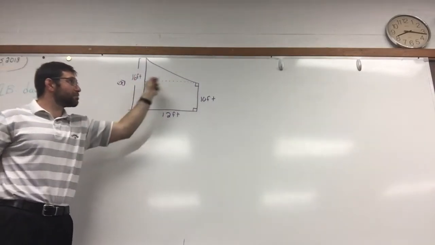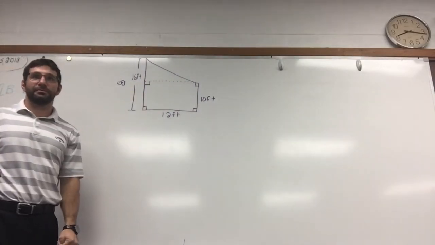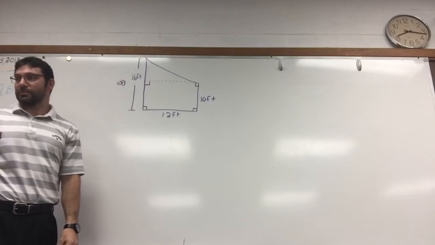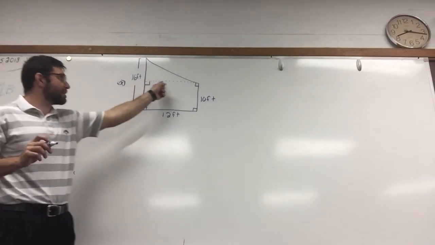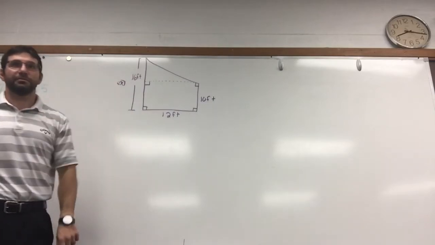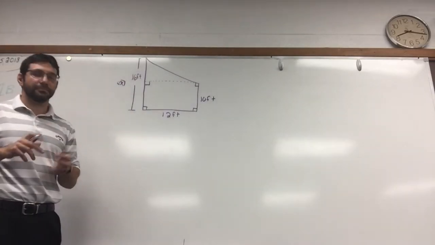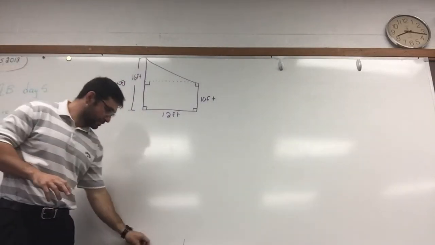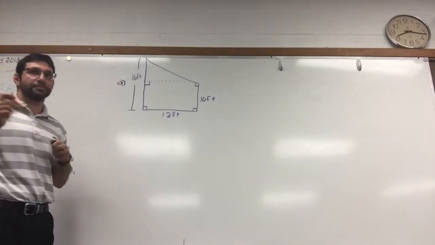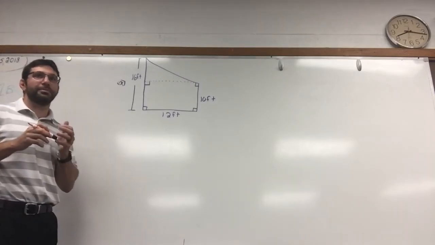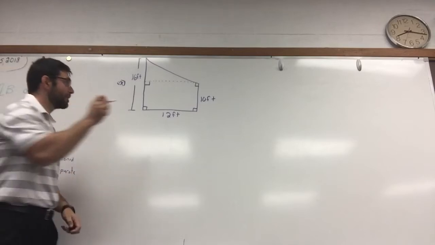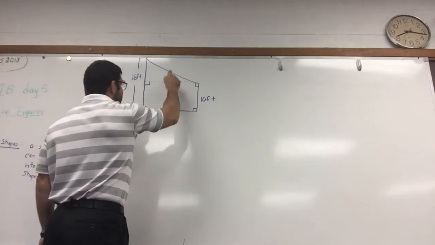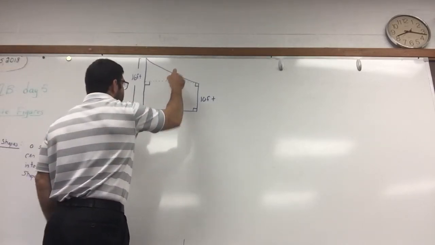What does this part of the triangle have to be, Taylor? 12. How do you know that? What do we know about a rectangle? Opposite sides are congruent. So if this is 12, this is also 12.